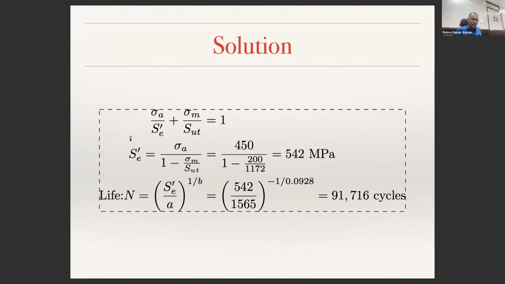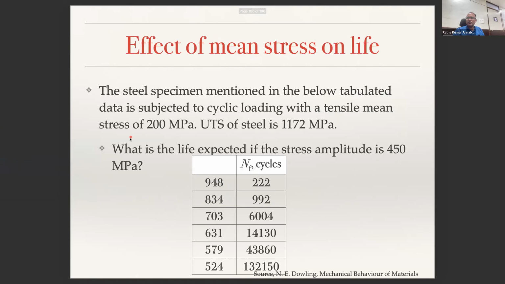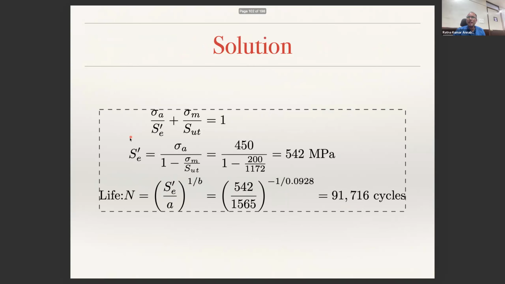If you carefully observe this problem, with zero mean stress, the life corresponding to 542 MPa is 91,716 cycles for 542 MPa alternating stress.